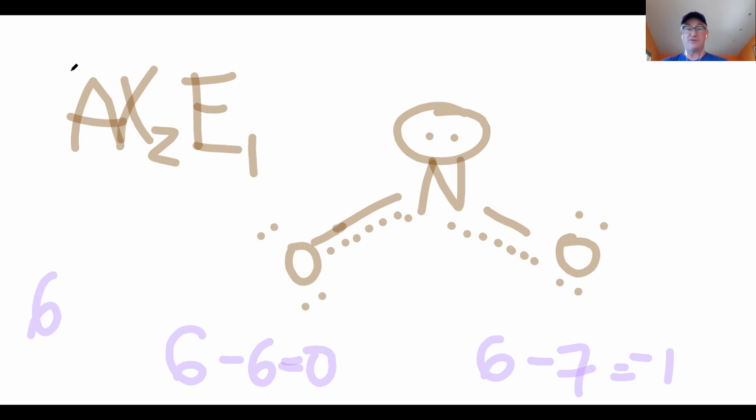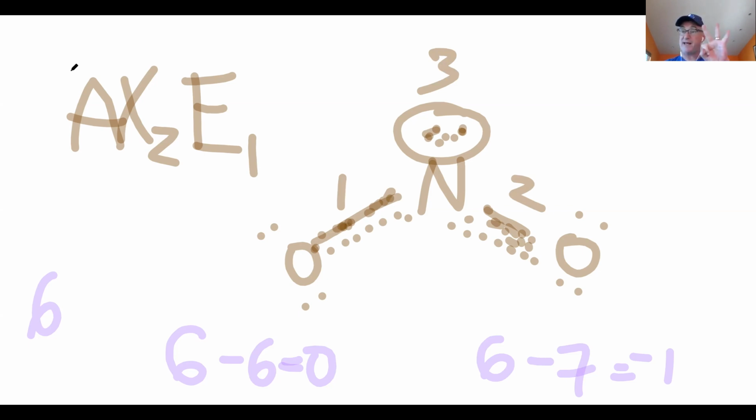How many are around the nitrogen? There's 1 there, 2 there, and 3. Those are the 3 places where I'll find electron density. So there's electron density there, there, and up there. 3 places where I'll find electron density.